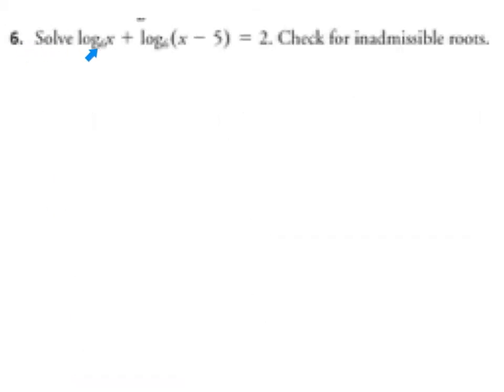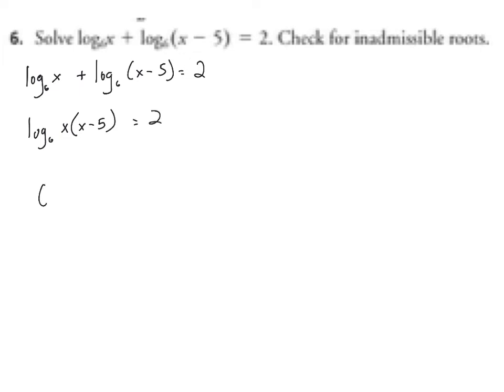Number 6, solve this. Check for inadmissible roots. All right. So we got log base 6 of x plus log base 6 of x minus 5 equals 2. So this is log base 6 of x times x minus 5 equals 2. So we can say 6 to the power of 2 equals x times x minus 5.